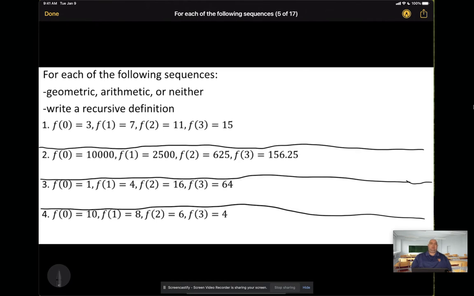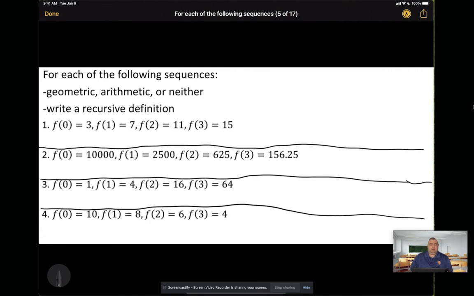For each of the following sequences, determine if it is geometric, arithmetic, or neither, and then write a recursive definition. So this is a review of the previous lesson. Let's first go through each of the 4 here to determine what type of sequences they are.